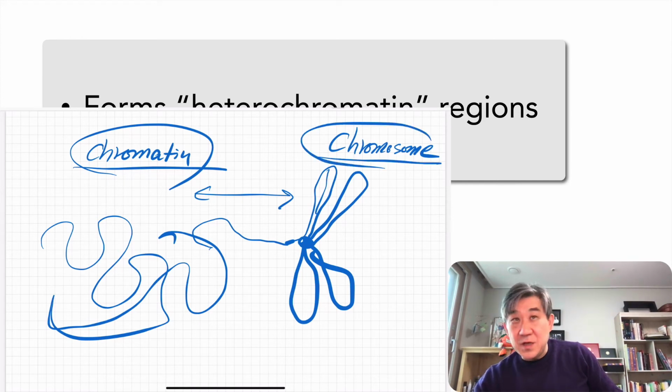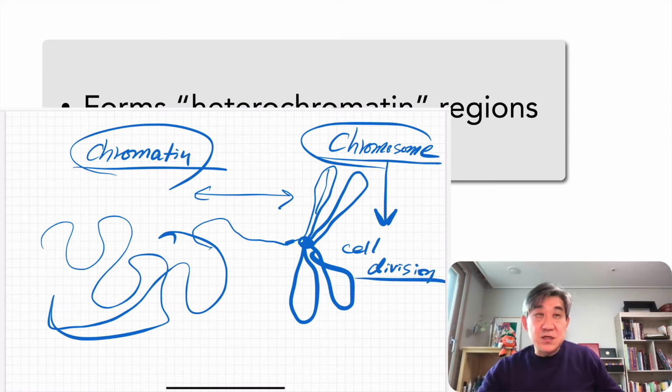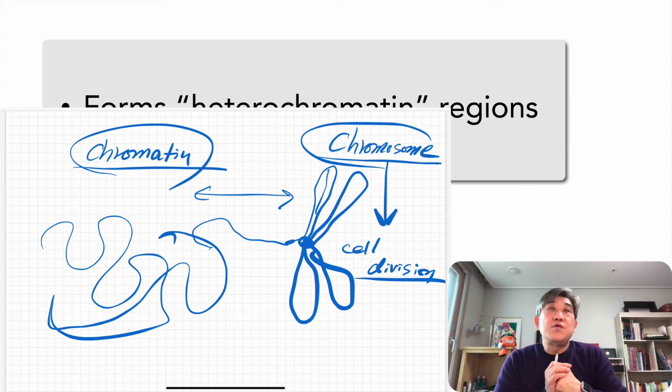What do I mean by sometimes? More specifically, only right before cell division. Only when the cell is about to split into two does the whole chromosome get organized into the highly condensed form.